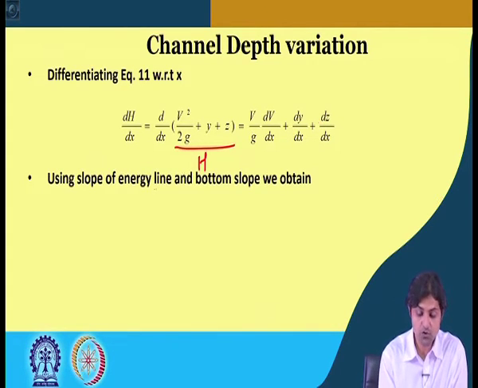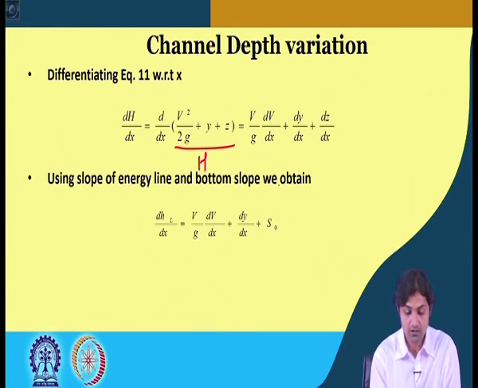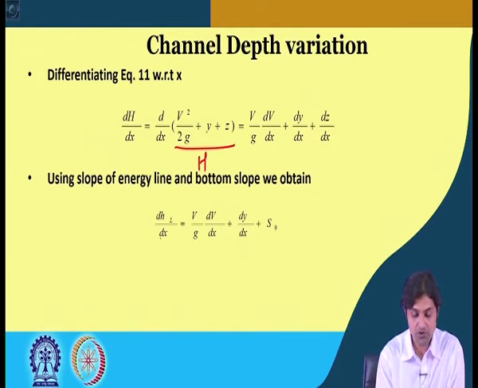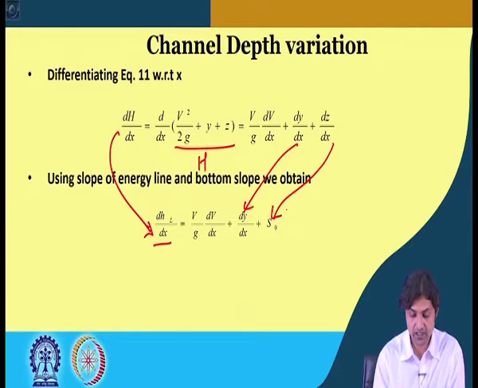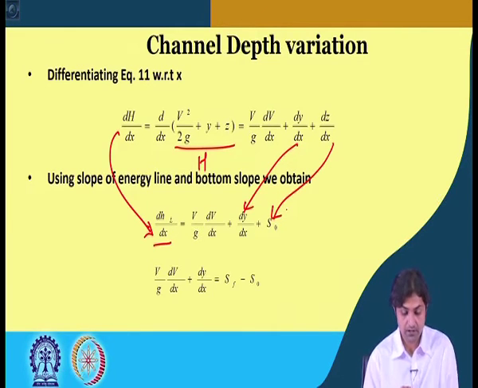Using the slope of energy line and the bottom slope, dH by dx is also dHL by dx from the previous slide. dv dx is the same and dy by dx is the same, but dz by dx can be written as S naught.